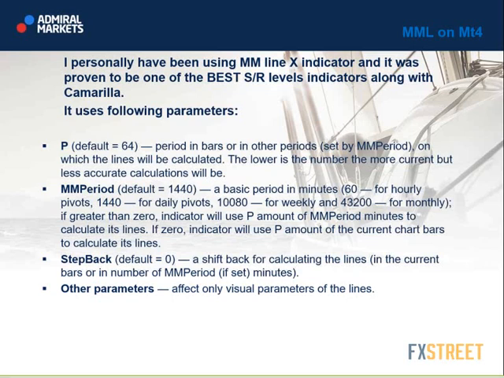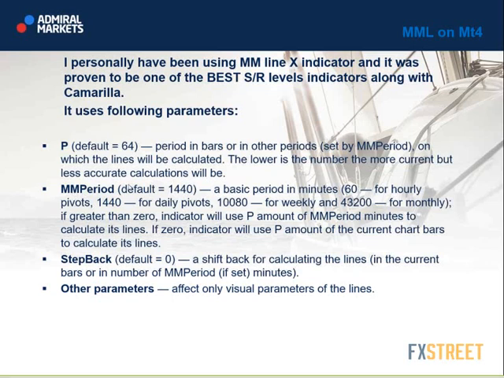It means the period in bars or in other periods over which the lines will be calculated. The lower the number, the more current but less accurate the calculations will be. That is very important for you to know.